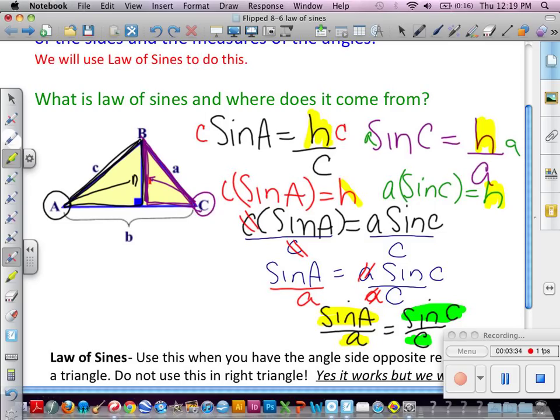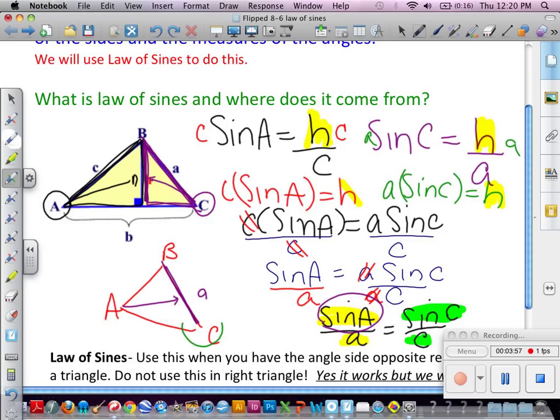Remember here, people, if I draw a triangle, I have angle A, angle B, angle C. So little a is going to be across from angle A. So I'm talking about the sine of angle A over side a. And then same thing here with C. I'm taking sine of angle C over the side opposite of it, which would be little c. So that's the law of sines.